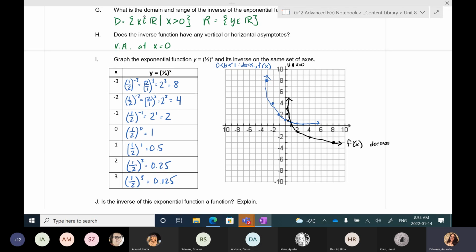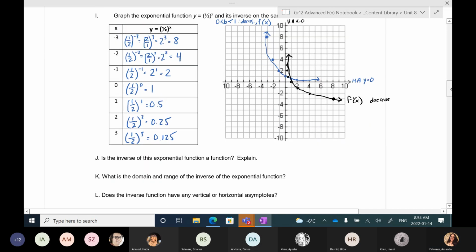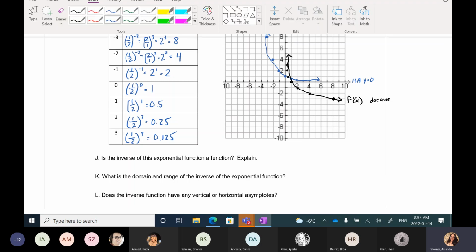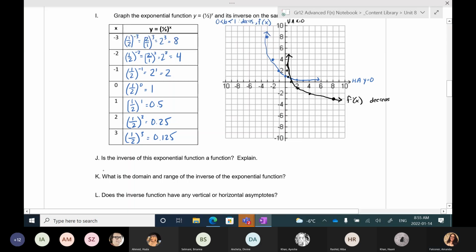But for my original, I had a horizontal asymptote at y is equal to 0. Okay, so those two have switched again. So is the inverse of this exponential function a function? Yes, it still passes the VLT.